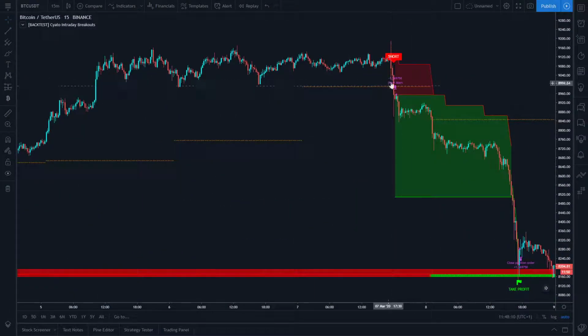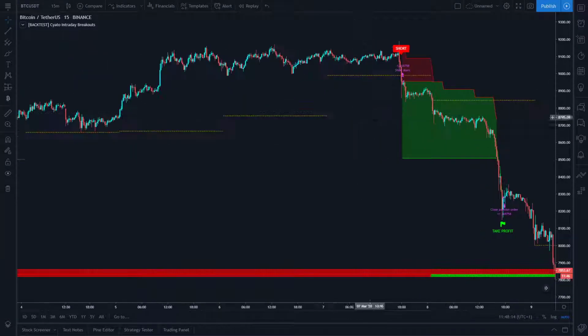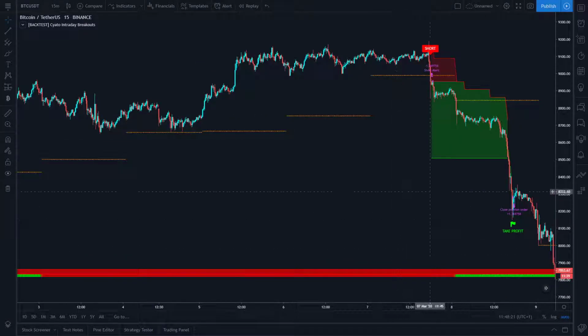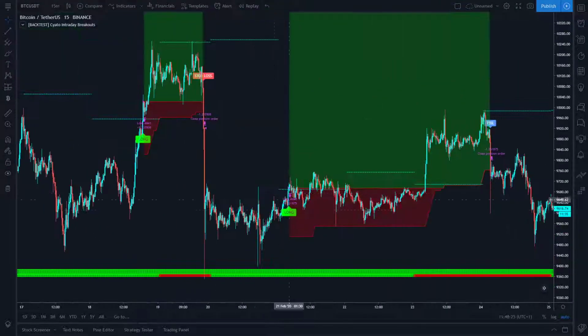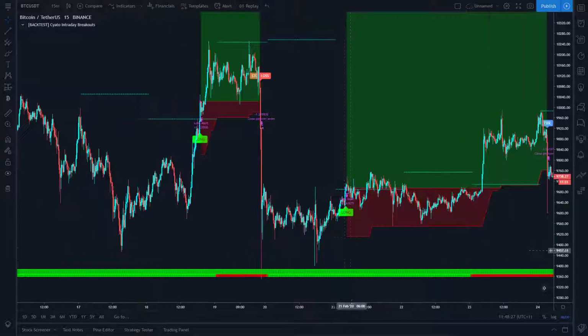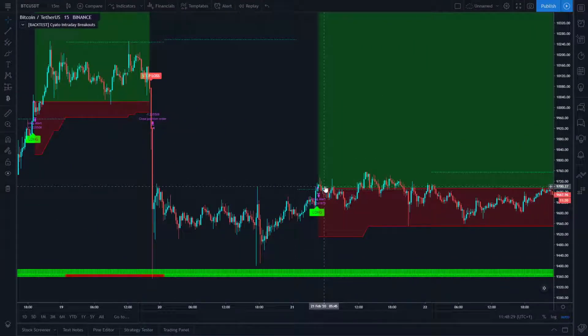So here we got a short because we broke through the support here, and both conditions were good for a short trade. You can see the two lines were red, so that is why we got a trade. If you go back in time, here we got both long conditions and a breakout with the line.